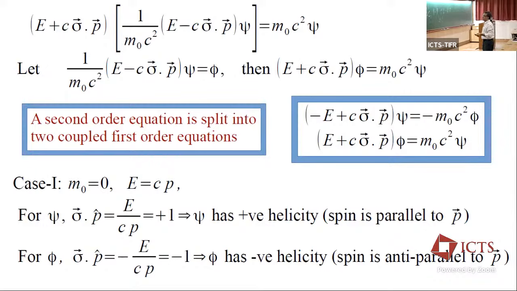So psi has positive helicity, that is, spin is parallel to the momentum. And for phi, this other component wave function, spin is anti-parallel. So spin can have 2 values, in the case of two orientations only. These are called helicity states, psi and phi.